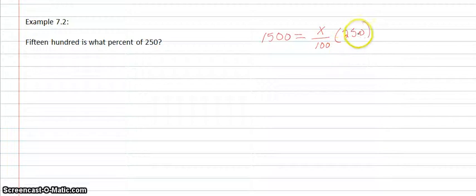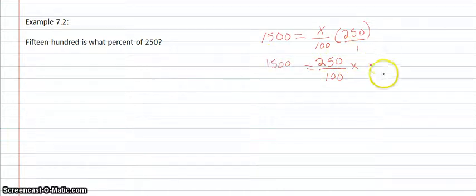I'm going to be multiplying by 100 over 250 because I can rearrange this. This is over 1, so I could write this as 250 over 100 times x equals 1500. And then you can easily see how multiplying by the reciprocal will get x by itself.